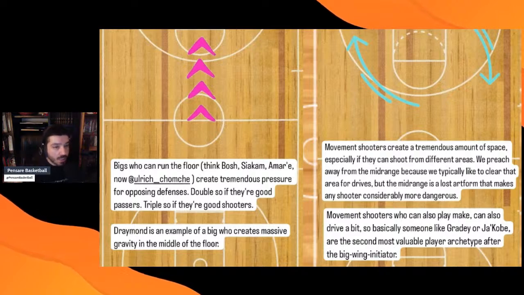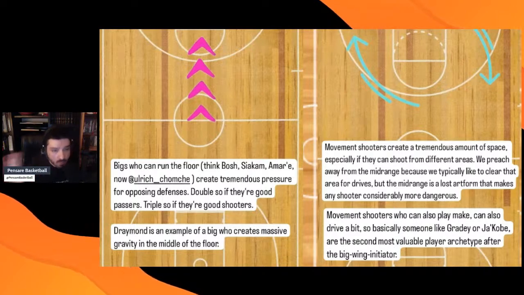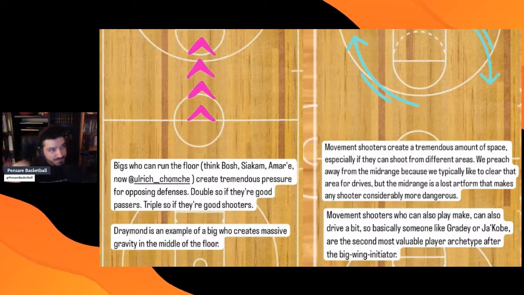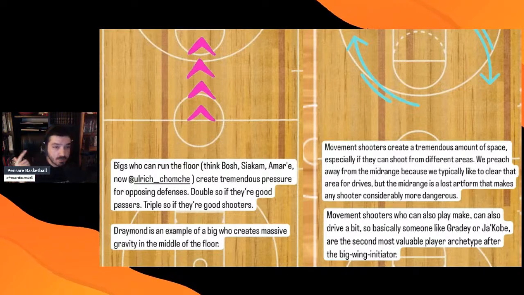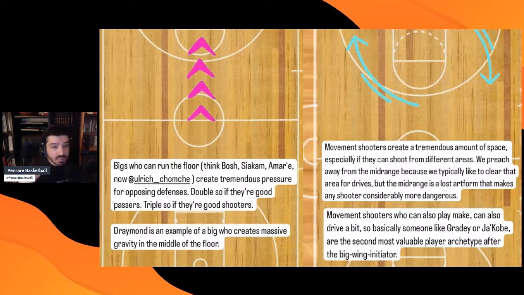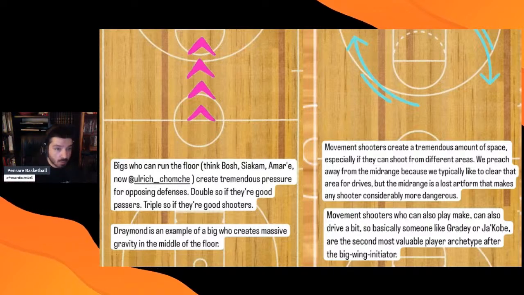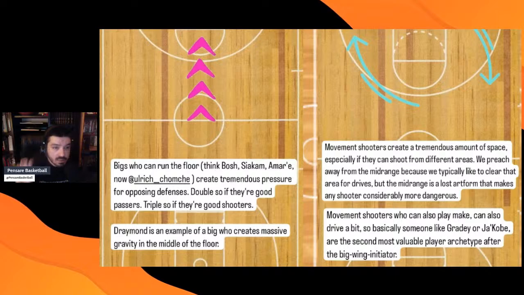It doesn't quite have the gravity of a superstar, of course, right? But losing a movement shooter, especially a dead eye, 40% above the break, 40% from the corner type of diverse 3-point shooter, like a Ray Allen, losing a guy like that when he's the third or fourth option, right? Like in Miami, that Ray Allen, losing that guy is a massive scramble.